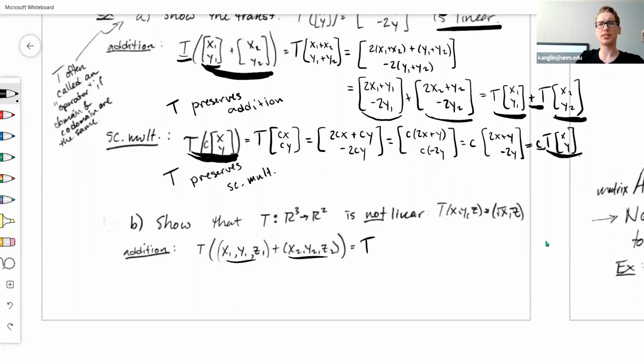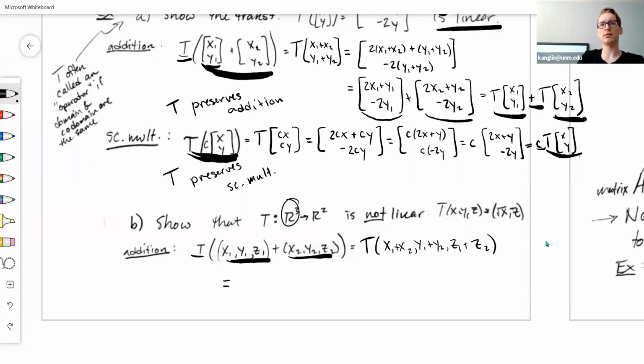So I take two elements in the domain, two elements in R3 here, and I'm taking the transformation and applying it to the sum of those two generic elements. So what I'm really applying T to, this sum, is x1 plus x2, y1 plus y2, and z1 plus z2.